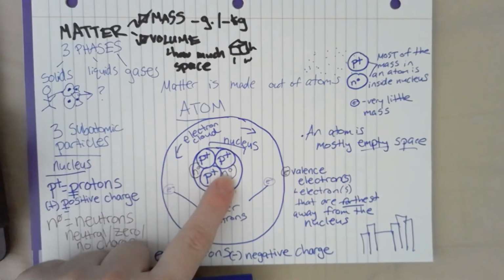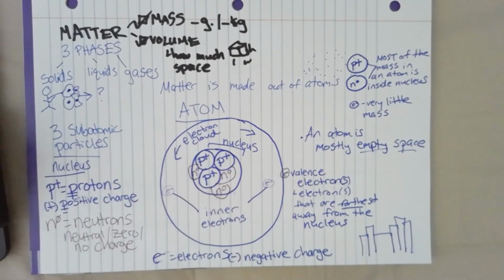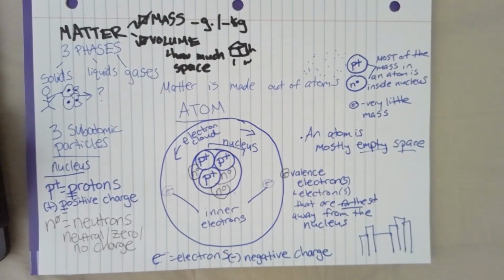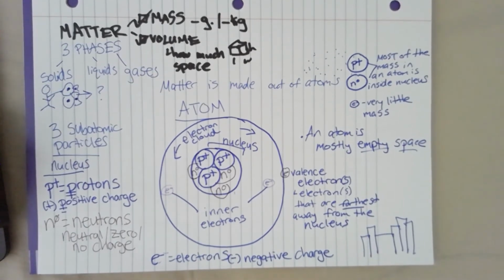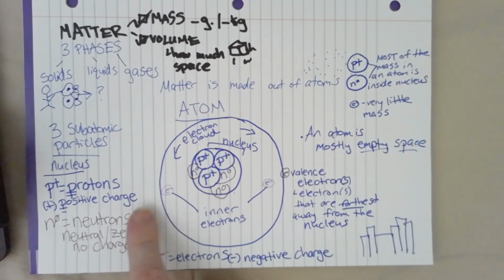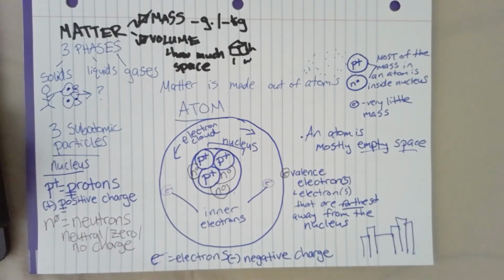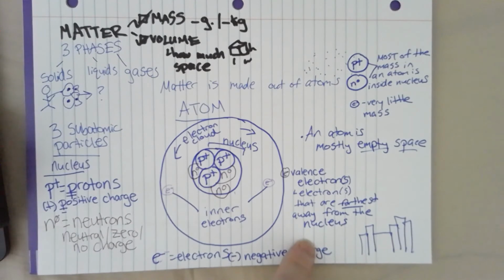They are inside the atom's nucleus, or the middle. Next question. Which particle has zero charge, or a neutral charge? Good job. Neutrons have a neutral charge. Next question. What kind of charge do electrons have? Good job. Electrons have a negative charge.